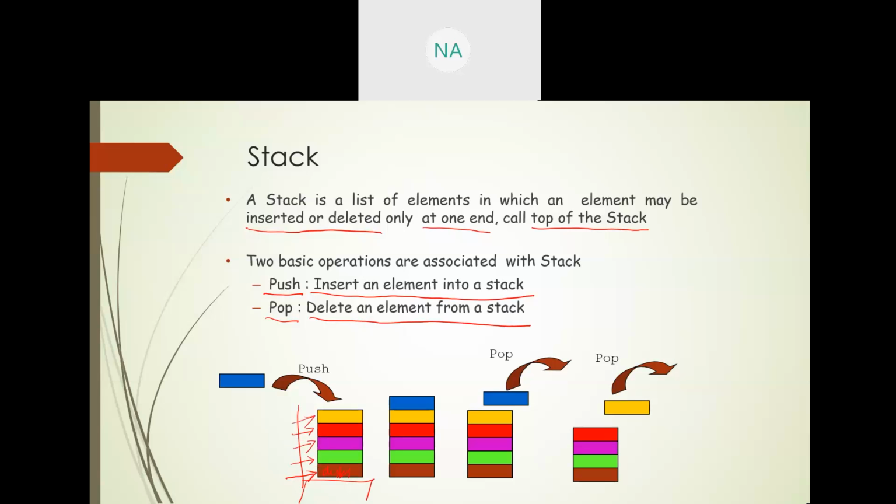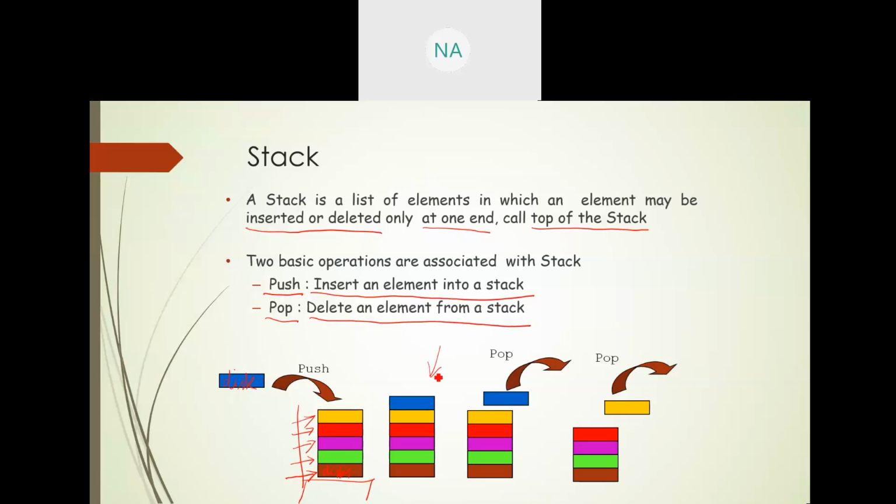Now the user tries to put this blue disk. So the user is inserting a disk into the stack. The insert operation is called the push operation, so push this blue disk into the stack. After this blue disk has been pushed, the stack structure will be like this.